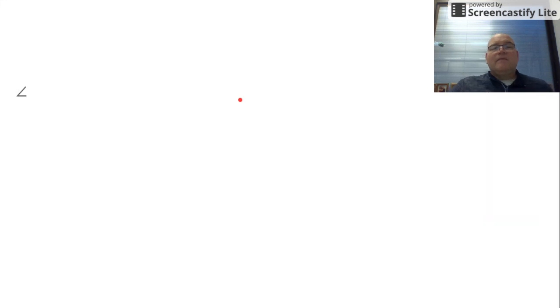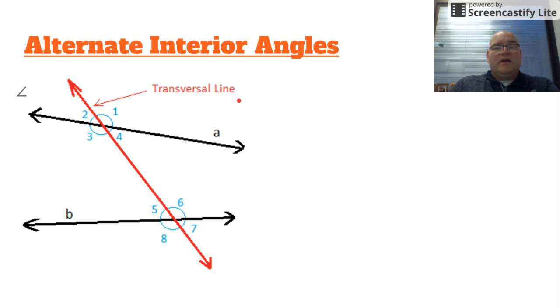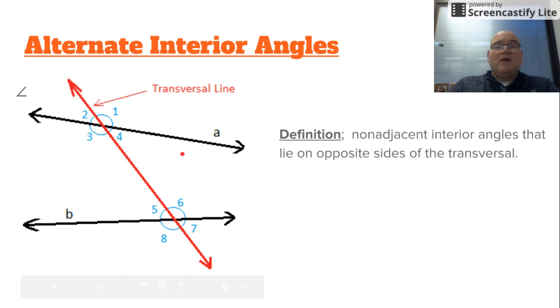Next, let's talk about angle pairs. And our first angle pairs are alternate interior angles. Again, here's our diagram with our transversal line intersecting lines A and B at 2 distinct points. Alternate interior angles are non-adjacent, meaning they can't share a side, can't share a vertex, that lie on opposite sides of the transversal.